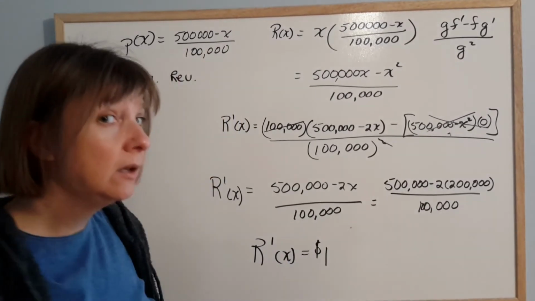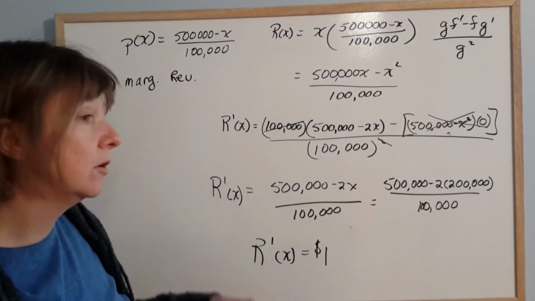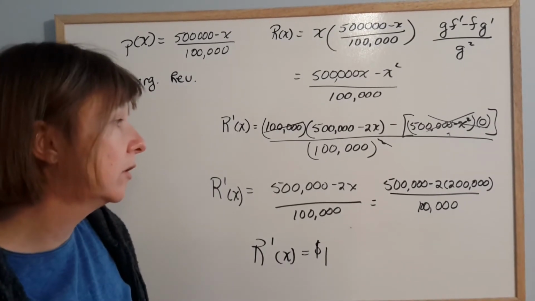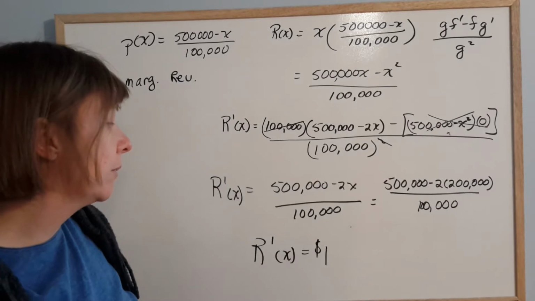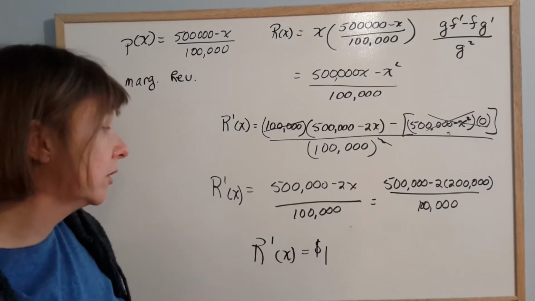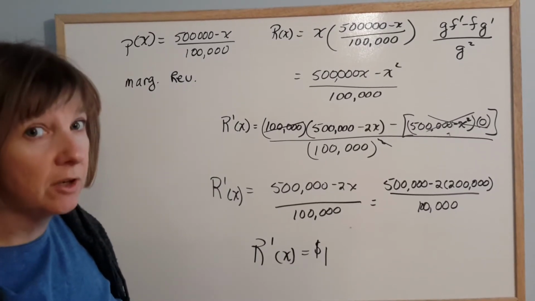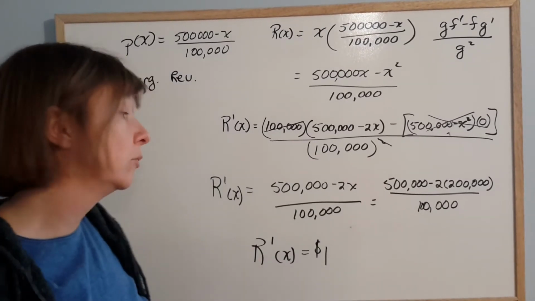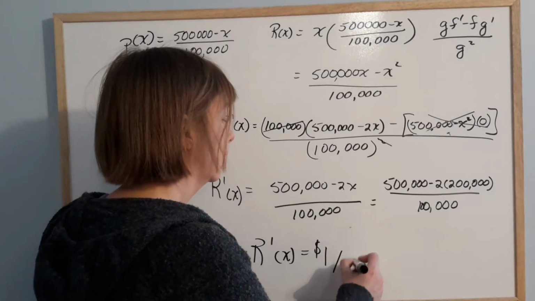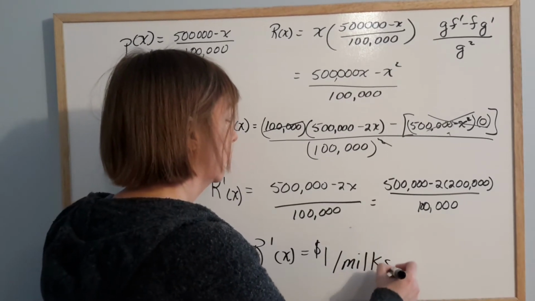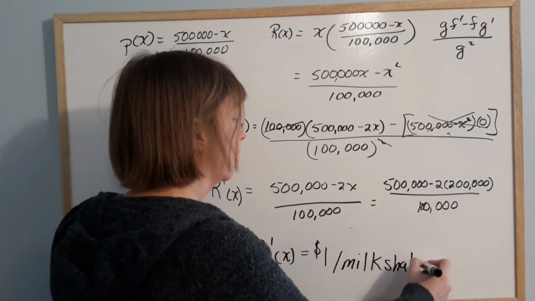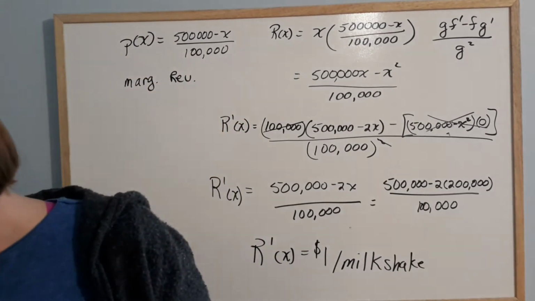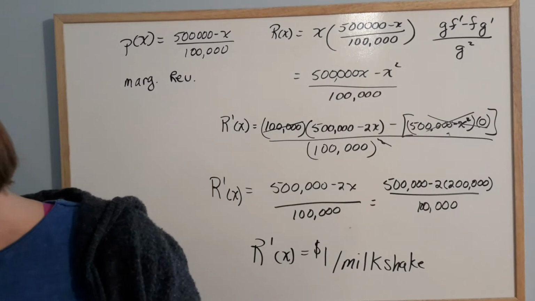So what that means is that if I make 200,000 milkshakes per year, my revenue, my money coming in, is increasing at a rate of $1 per milkshake. And there go my dogs again. So that's what that is saying, okay?